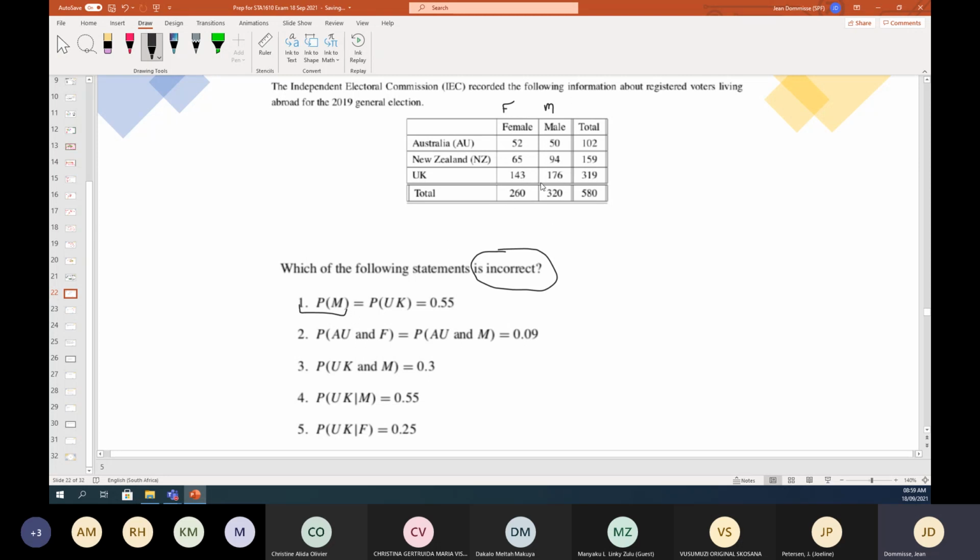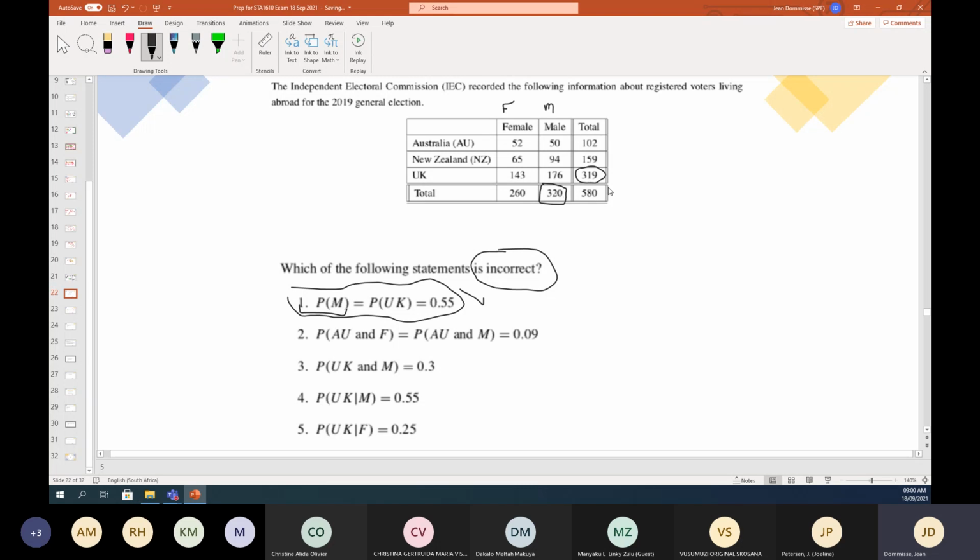Probability of M is 320. Probability of UK is 319. Okay, so rounding off, it will probably give you the same answer. Yeah, so rounding off, it actually gives you the same answer of 0.55.